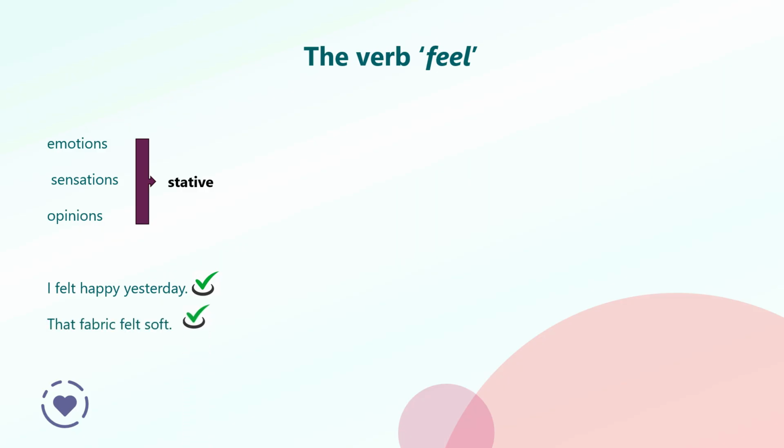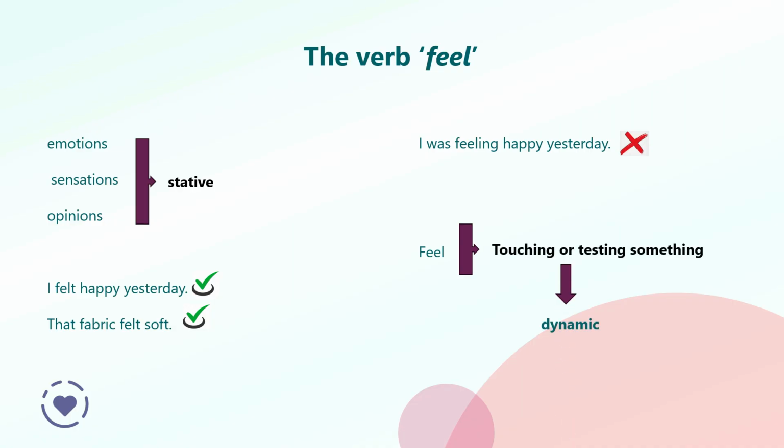On the other hand, it's incorrect to say I was feeling happy yesterday, although this verb is sometimes used in continuous forms in casual speech for emphasis, but grammatically it's stative. When feel describes touching or testing something, it's dynamic. For example, I was feeling the fabric to see if it was smooth.